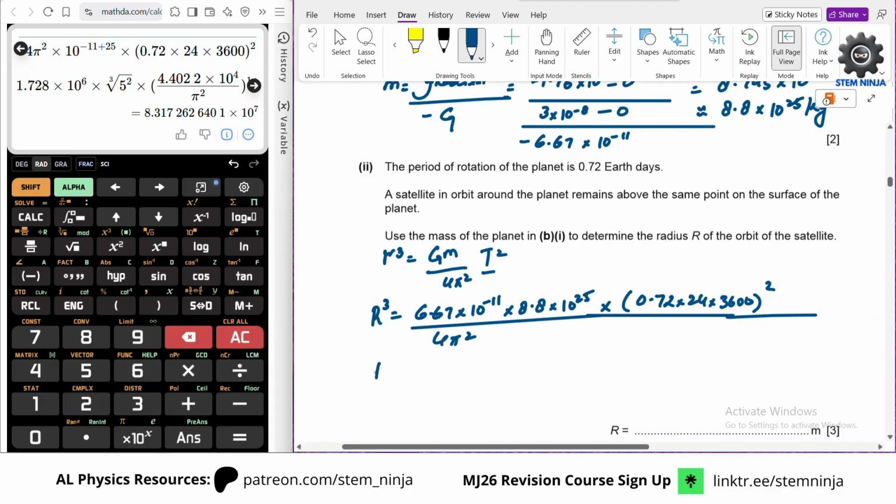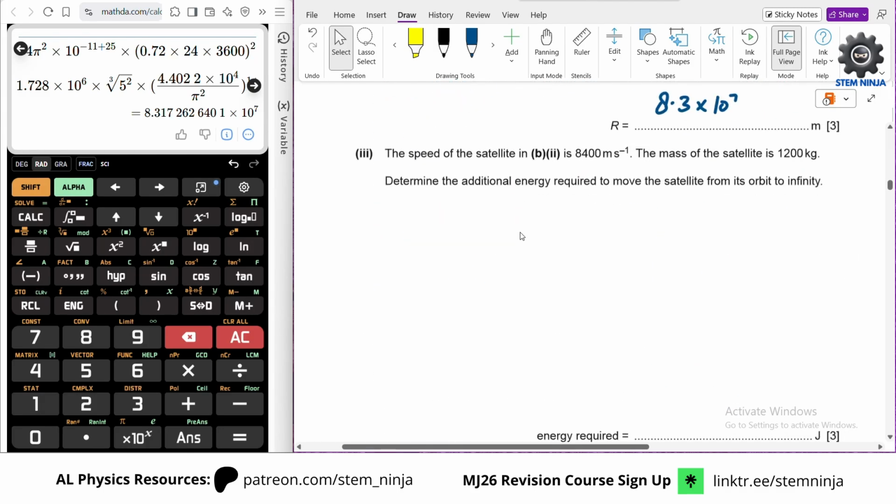So we are getting r to be 8.3 times 10 raised to power 7 meters.